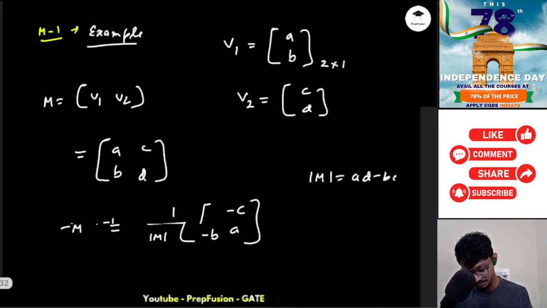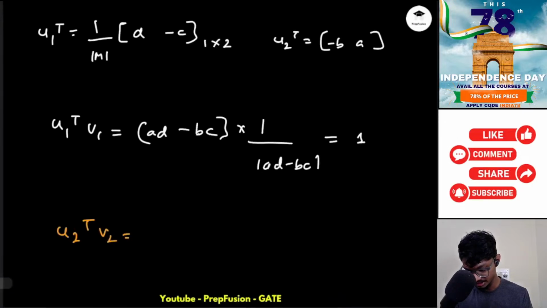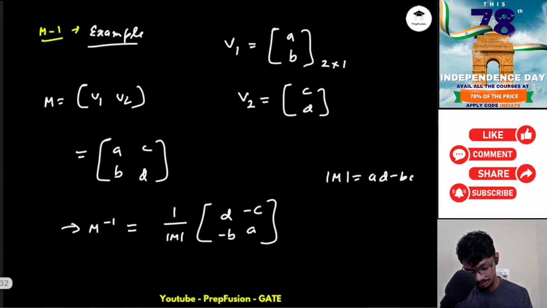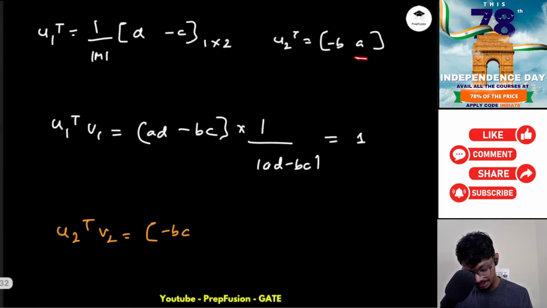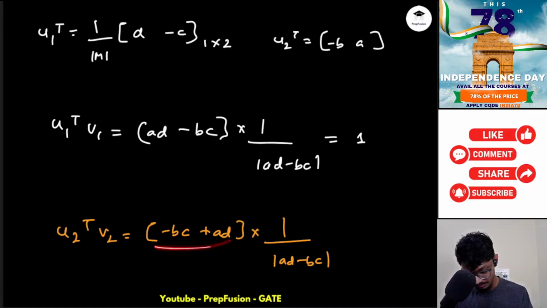So minus b times the first element, c, gives minus bc, then this element a into d gives plus ad. And don't forget the determinant of M, which is ad minus bc. In the numerator I have ad minus bc and in the denominator I have ad minus bc, so this will be 1.